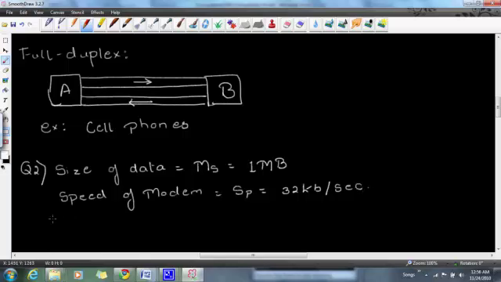Now, first of all, let's remember the notations. So if it says k small b, then it's kilobits, and if it says k capital B, it's kilobytes. This is an important thing to remember.